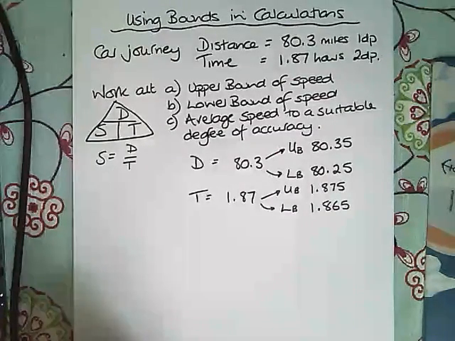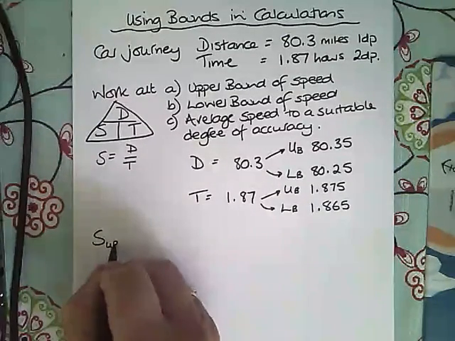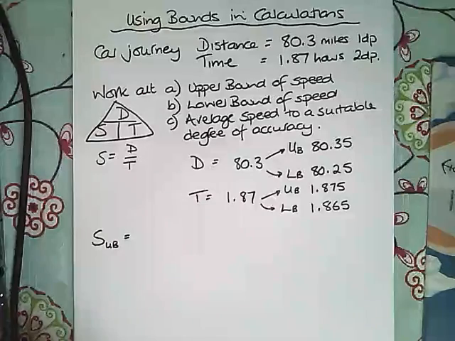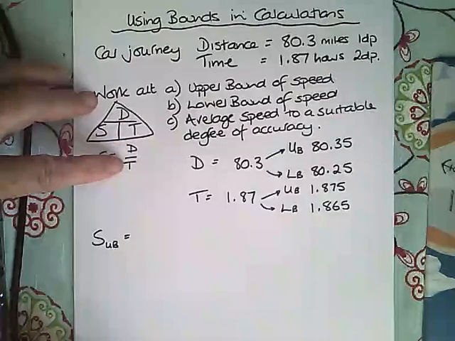So the maximum speed, the upper bound of the speed, we're trying to work out the biggest value the speed could be. We are going to take the maximum value of the distance and divide it by the smallest amount of time.